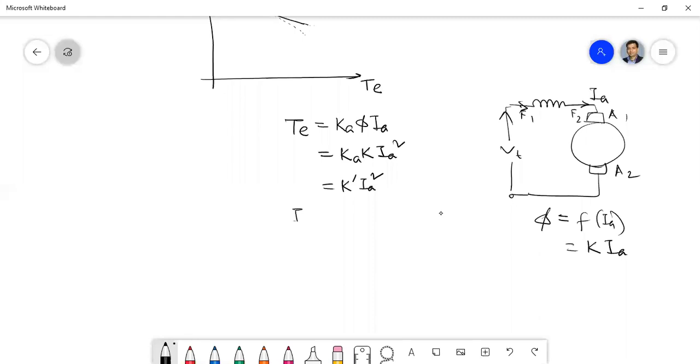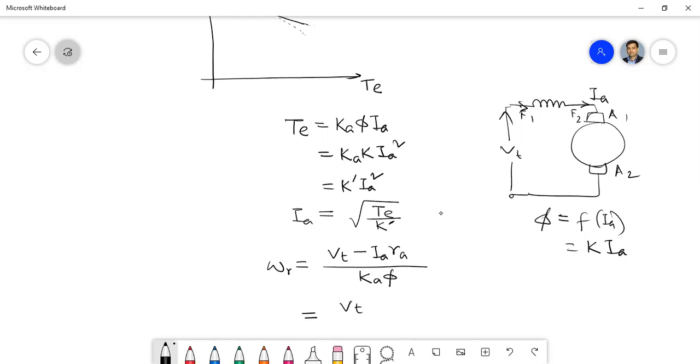Now the current, if we find out, will be root over Te by K prime, where K prime equals Ka into K. For omega r, we have the same expression, Vt minus IaRa by Ka into phi.